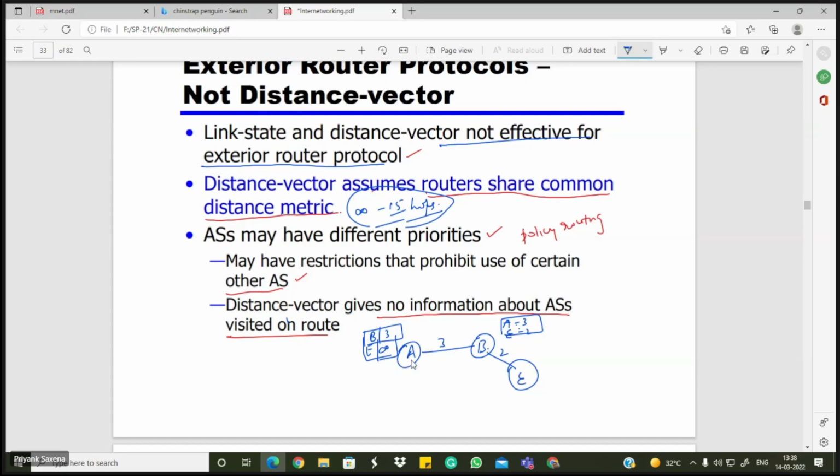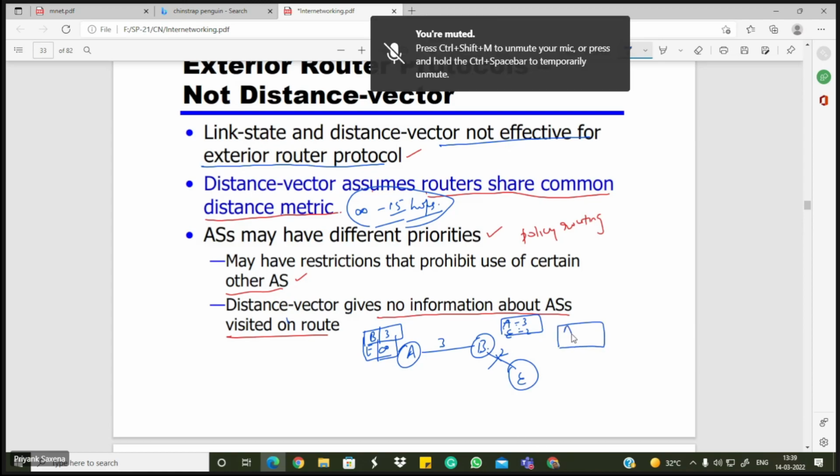A comes to know that it can reach E via B. Once B shares its table with A, it comes to know that it can reach E via B, but unfortunately this link fails. B has no route to reach E, and subsequently B has to update its table.